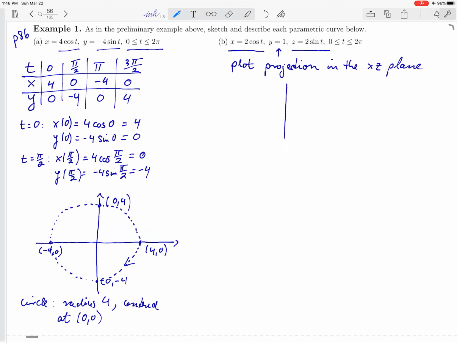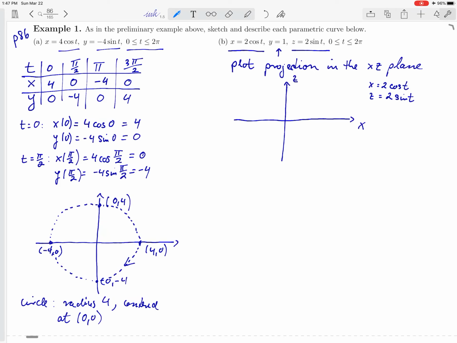I'm just going to skip that step and instead see if we can draw right away. So we have the x-axis right here, we have the z-axis right here, and then we have x equals 2 cosine t, z equals 2 sine t.